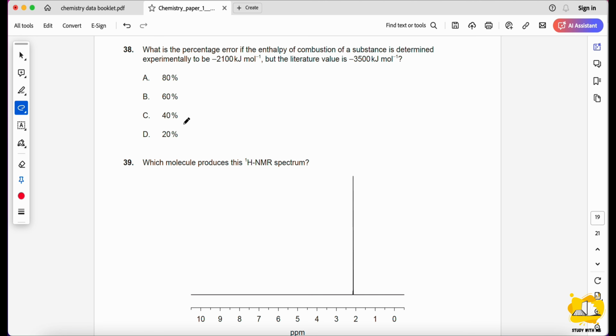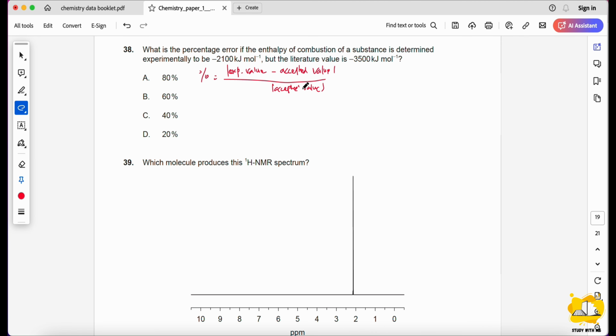What is the percentage error if the enthalpy of combustion of a substance is determined experimentally to be negative 2100 kilojoules per mole, but the literature value is negative 3500 kilojoules per mole? The percentage error is the experimental value minus the accepted value, absolute, divided by the accepted value.